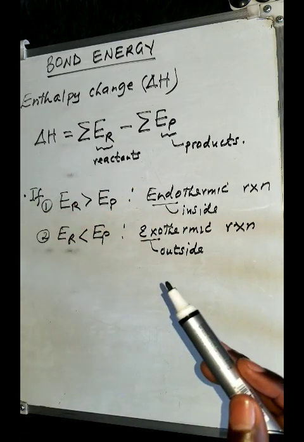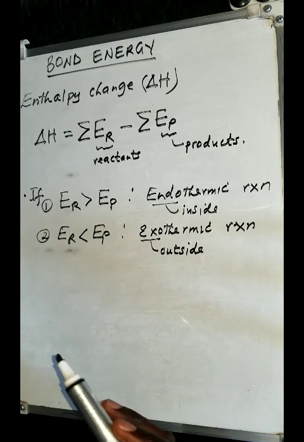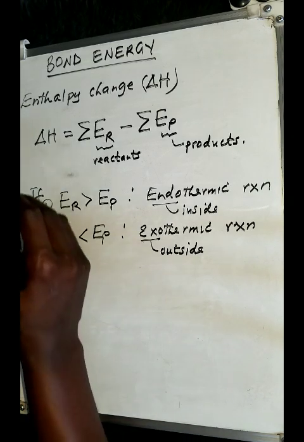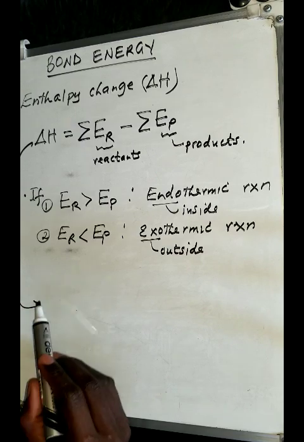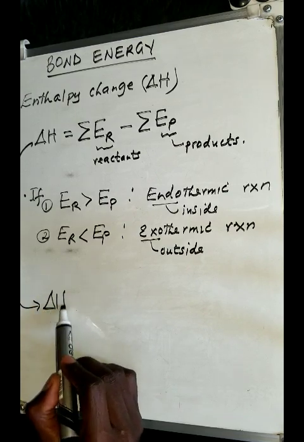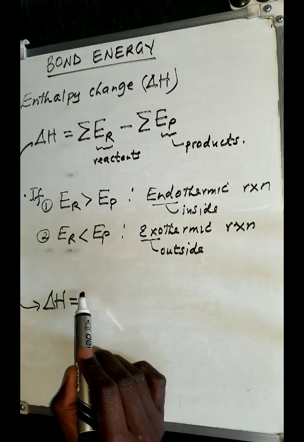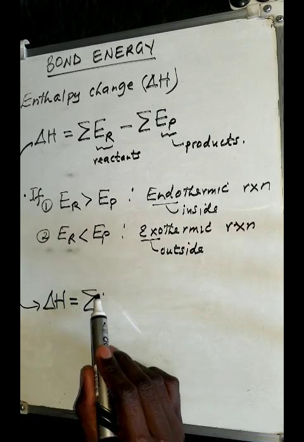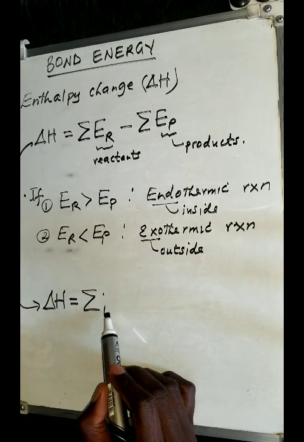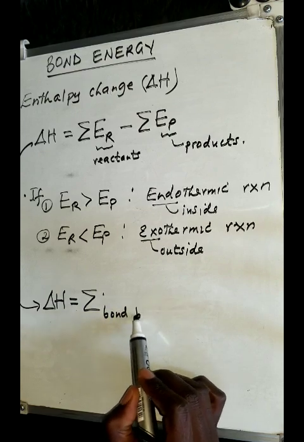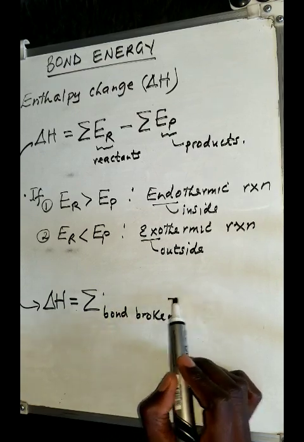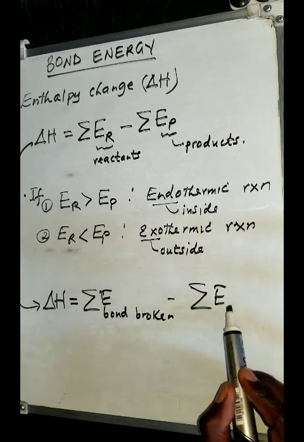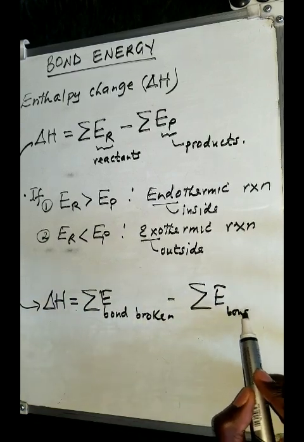So basically, this is what you need to remember when it comes to bond energies. In summary, you can simply say that the enthalpy change is the summation of the energy of the bonds that are broken minus the summation of all the bonds that are being formed.